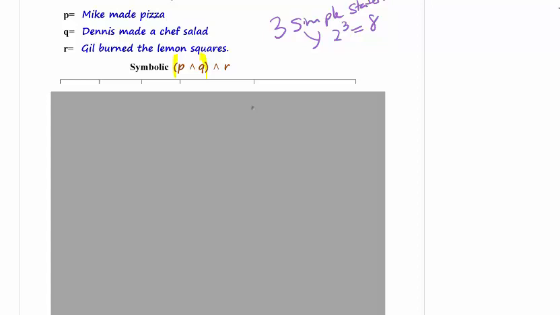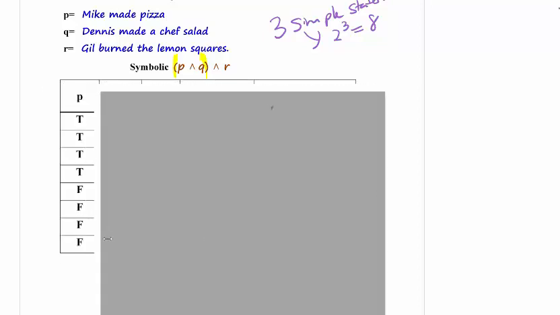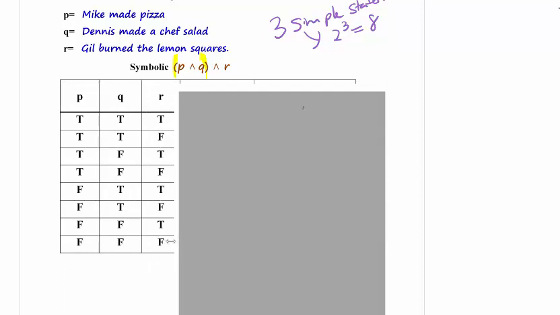Q is pairs, 2 trues, 2 falses, 2 trues, 2 falses. And R is alternating. We're going to always use that pattern. I get that question sometimes, how do I know? I'm telling you that that's the pattern. If you don't know that, that kind of tells me you haven't been actually watching the videos.